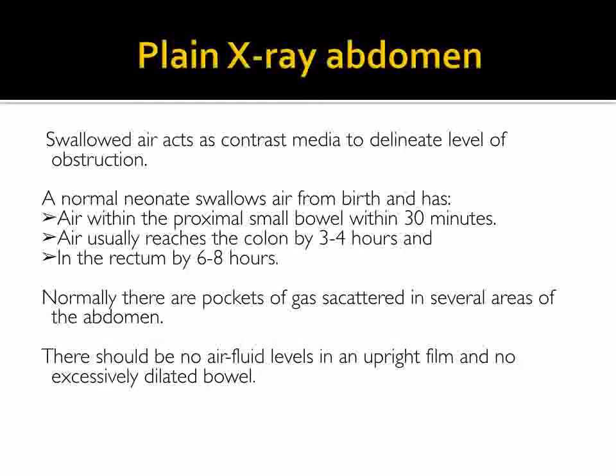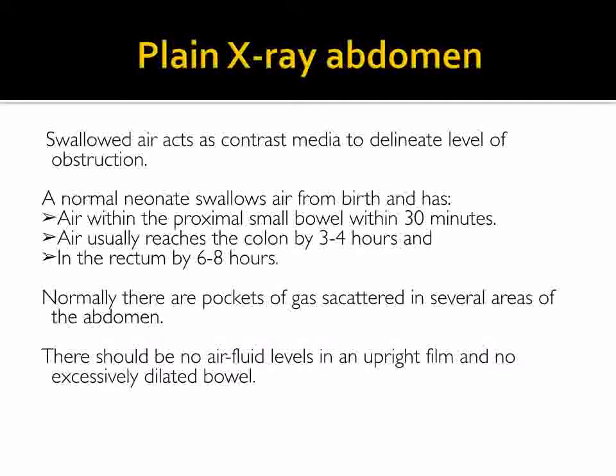Suppose that the level of obstruction is in the ileum: the air will pass down into the stomach, duodenum, jejunum, and the ileum proximal to the obstruction. Distal to the obstruction, meaning the distal ileum, colon, rectum, and the anal canal, there will be no air. So we can use the air as a contrast in newborn babies.